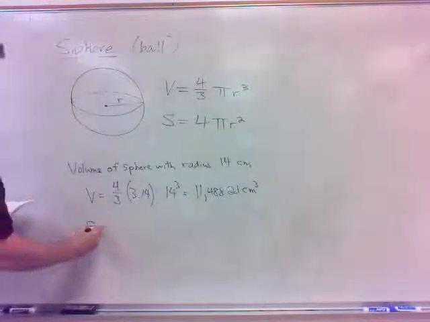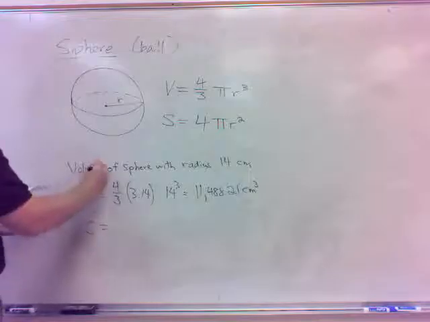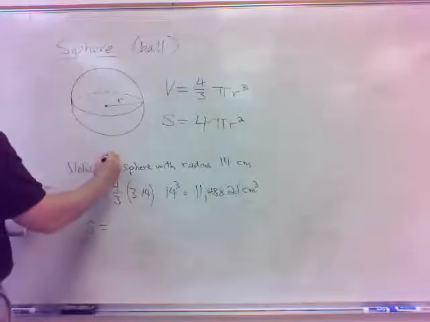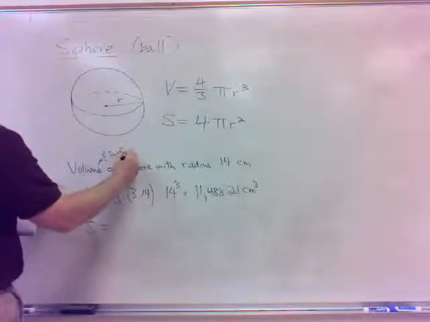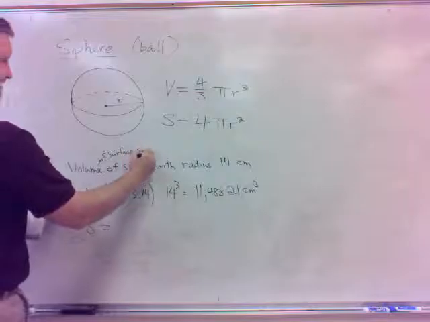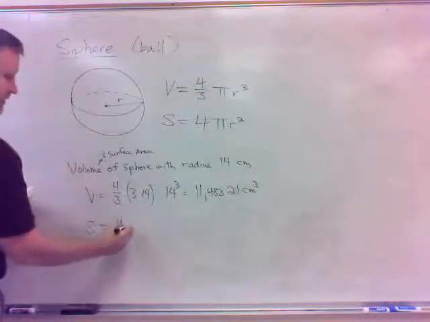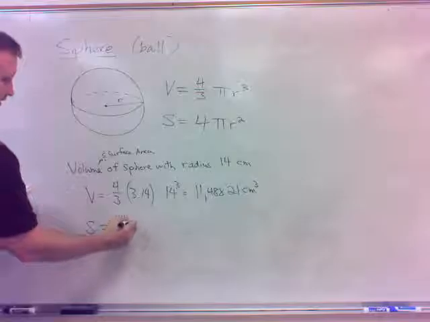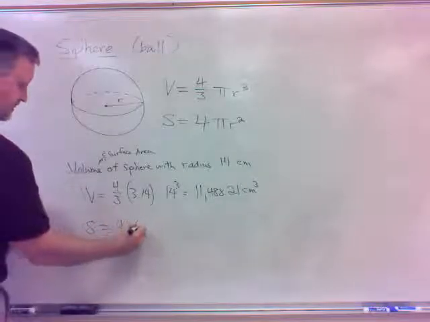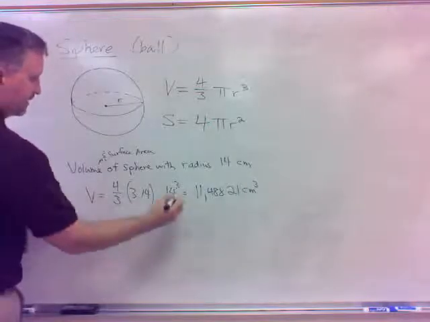All right, the surface area also, through volume and surface area of the sphere here. Surface area is just 4 pi r squared. So that'll be 4 times pi, 3.14, times r squared.